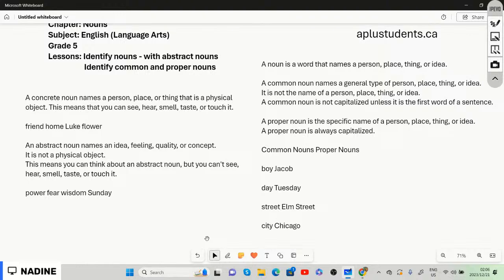All right, so we're going on to nouns, right? We have concrete nouns and abstract nouns, so we're basically going to find out the difference between a concrete noun as well as an abstract noun.